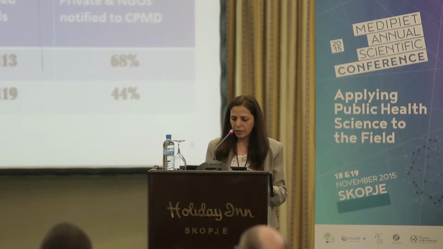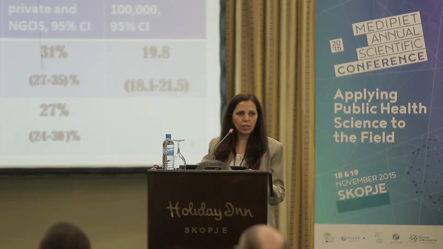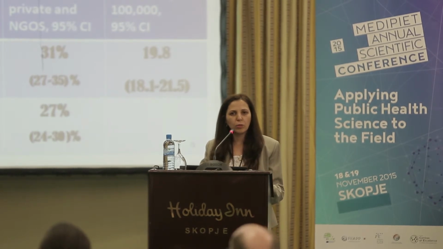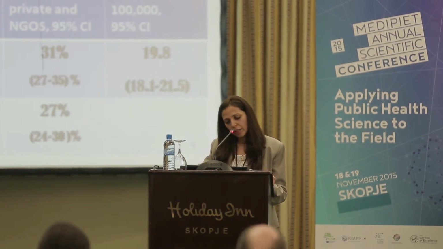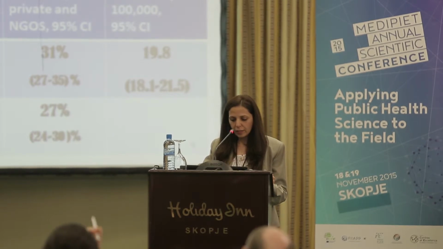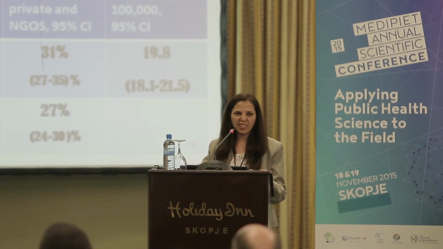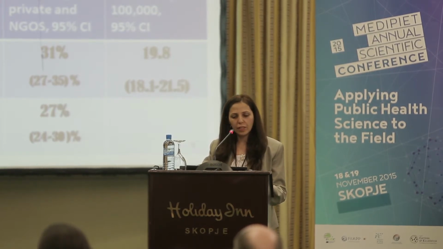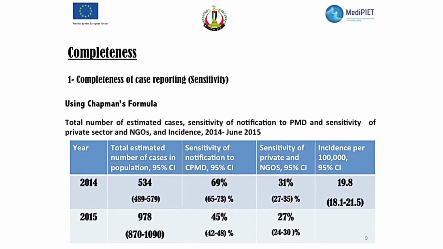From the numbers in this table and using Chapman's formula, we found that the estimated total number of cases in 2014 is more than 500 cases, and in 2015 about 978 cases. According to these numbers, the sensitivity of our surveillance system is about 70% in 2014 and 45% in 2015.